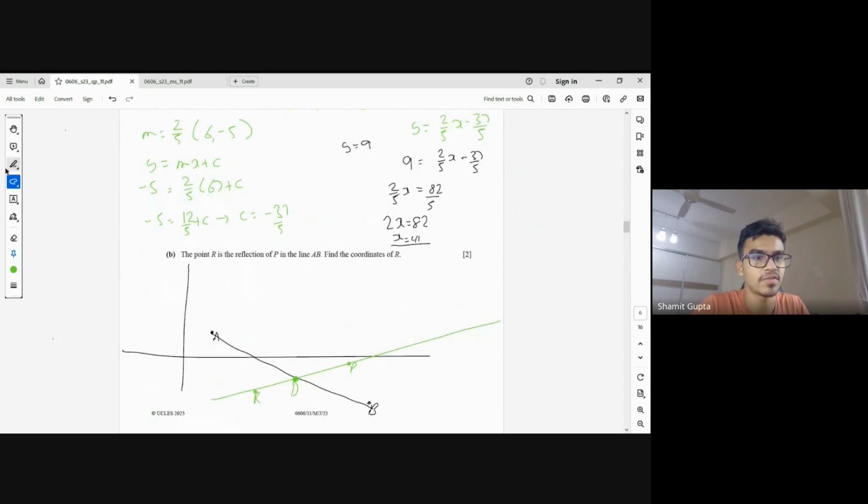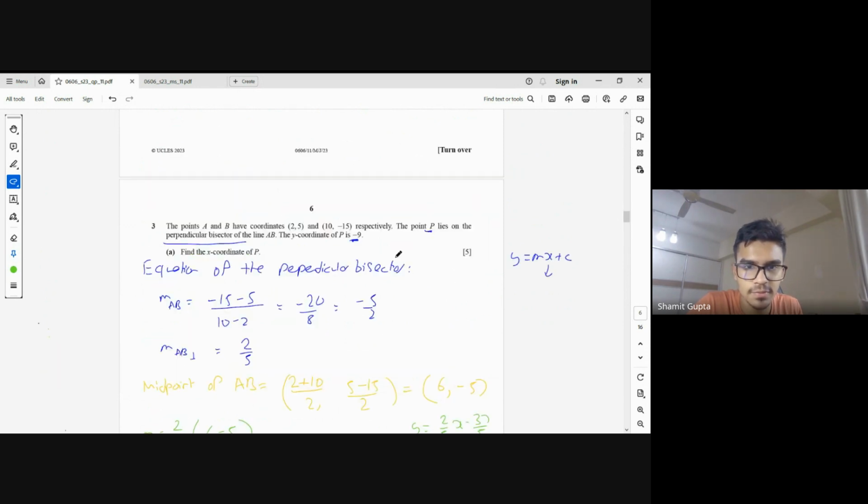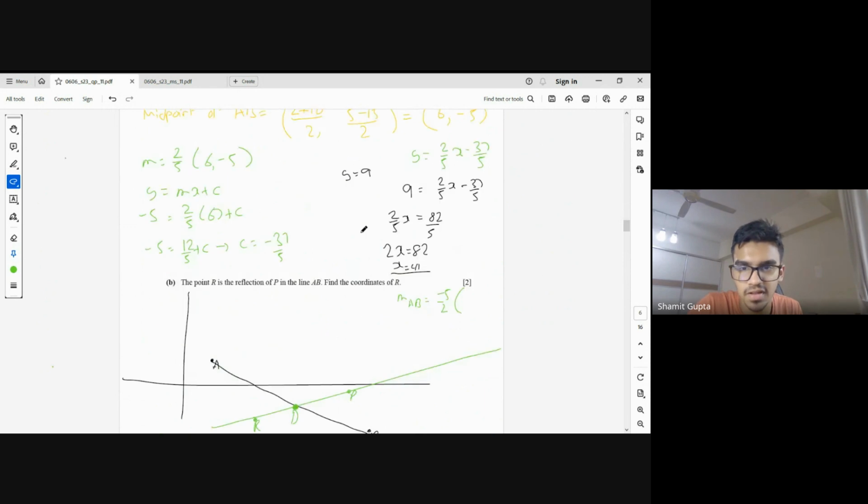So we'll have to find that, but we already know the gradient of AB. m AB was -5/2, and it was passing through (2, 5) and (10, -15). So let's take (2, 5), both are positive. You can do y is equal to mx plus c. 5 is equal to -5/2 times 2 plus c. 5 is equal to -5 plus c. c is equal to 10.